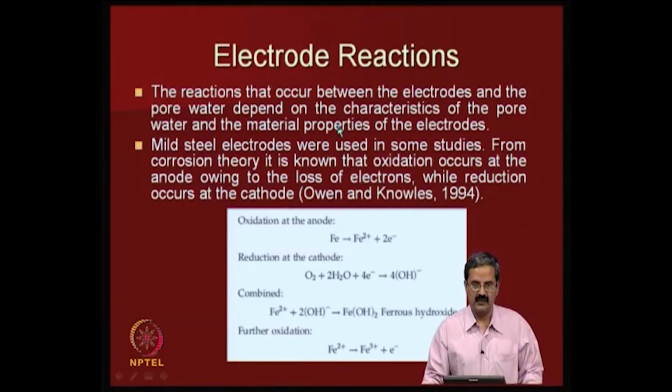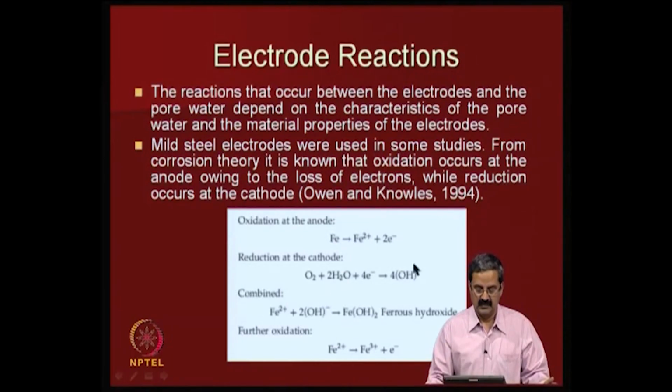So, what happens when you have electrodes? The reactions that occur between the electrodes and the pore water depend on the characteristics of the pore water and the material properties of the electrodes. Suppose you are using mild steel. When you put water, corrosion definitely takes place, right.